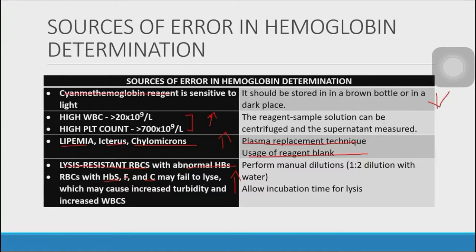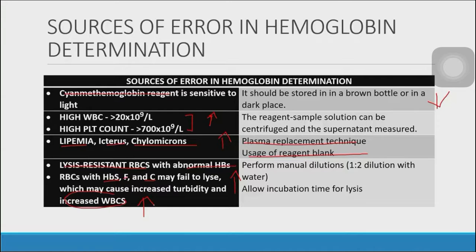Aside from that, if may presence again ng RBCs, then they fail to lyse, ang mangyayari nun, aside from hemoglobin na aakyat, pwede rin umakyat yung WBC natin. Okay, take note.